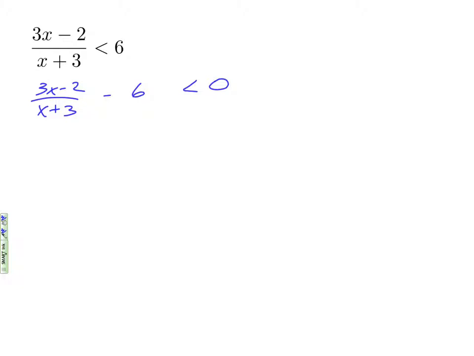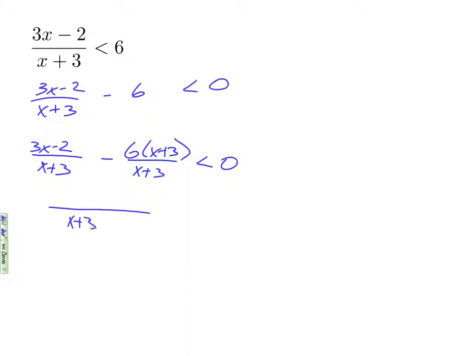Common denominator. It's obviously going to be what? So do I need to do anything to the 3x minus 2? No, because it already has the denominator. Okay, but I need to multiply 6 by x plus 3. So 3x minus 2, make sure you distribute the negative 6 to both of those. So negative 6x minus 18.